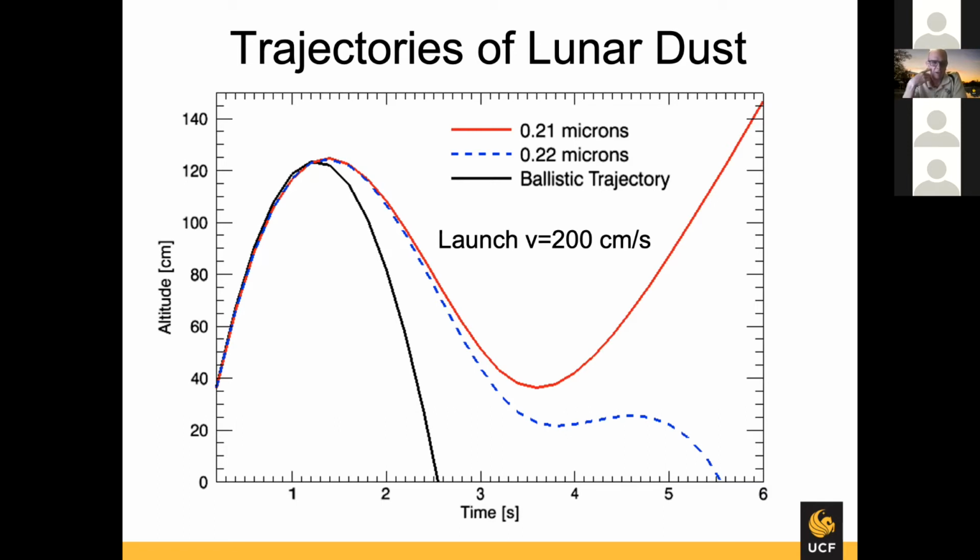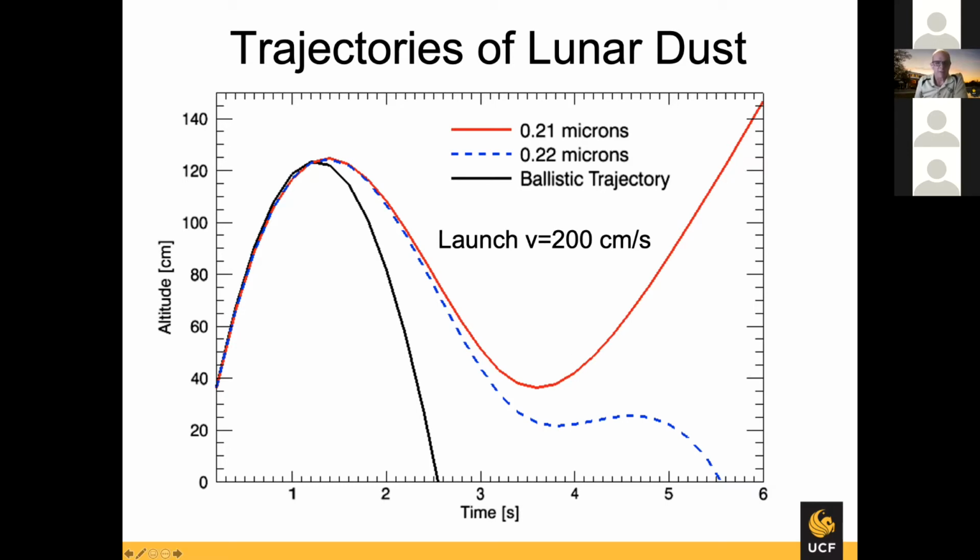The slightly smaller particle, though, just a hair smaller, there's enough of a difference there that that particle is moving slow enough on its way down that it collects enough electrons to be accelerated away from the lunar surface, which shows negative potential on the day side. Sorry, I have that backwards.